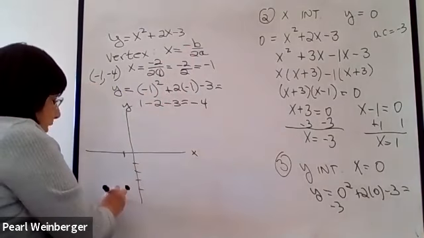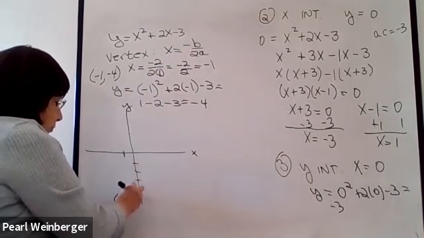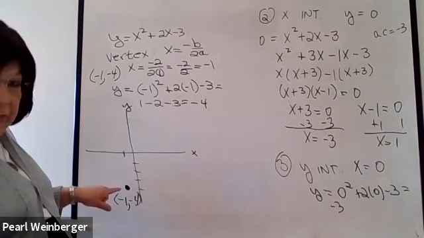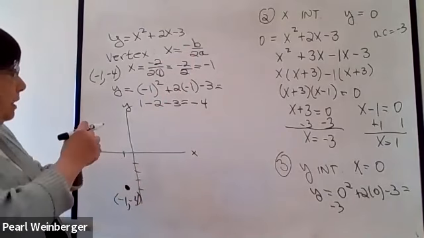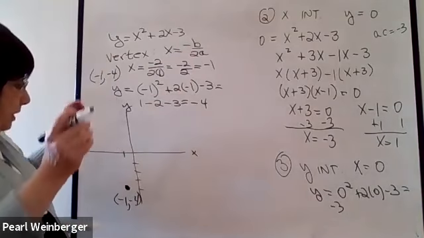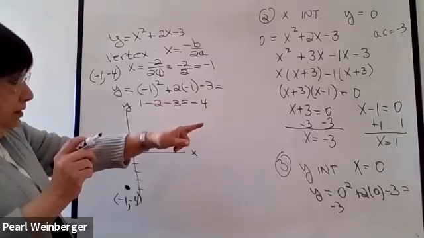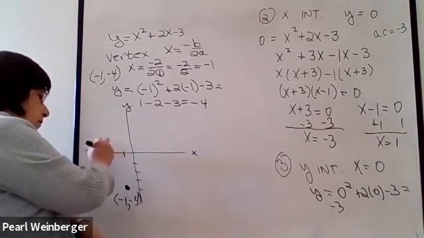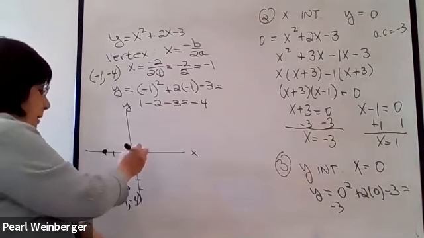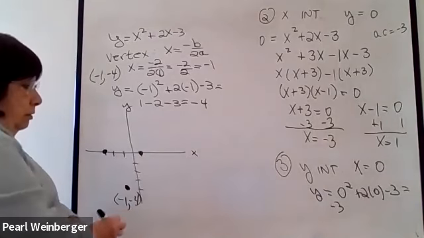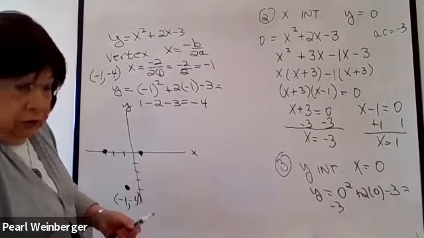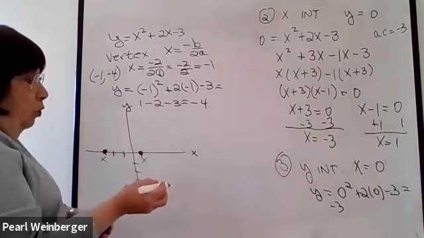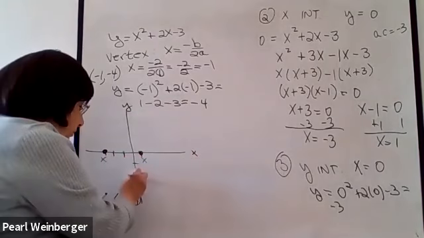Whenever I'm going to check to see if I have the right sketch, the important point is going to be that vertex. Now remember, not only did we say the vertex, we also said it was opening up. But we can put in the other things that we know. We know that the x-intercepts are -3, so that's here, and +1, which is right here. And the y-intercept we said was -3, which is right here.